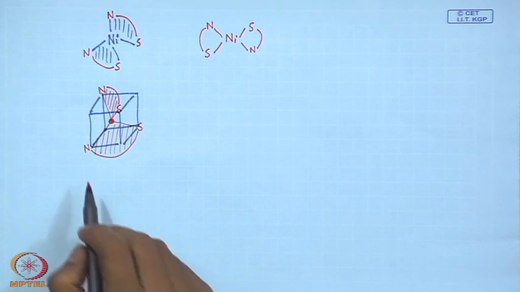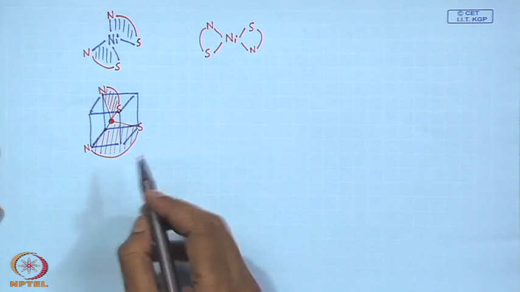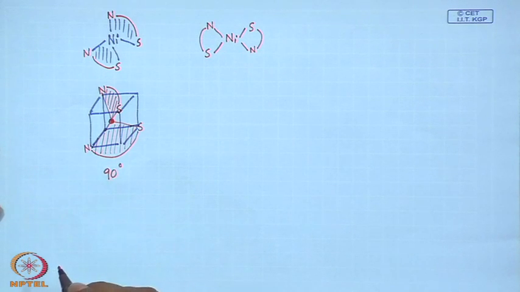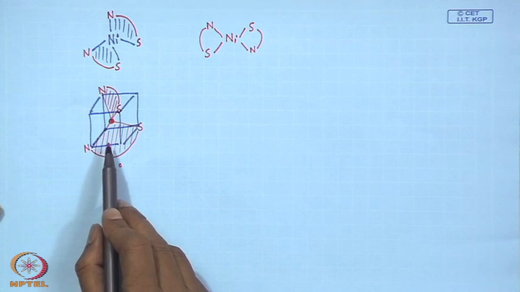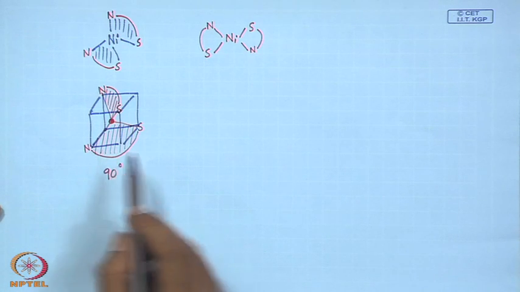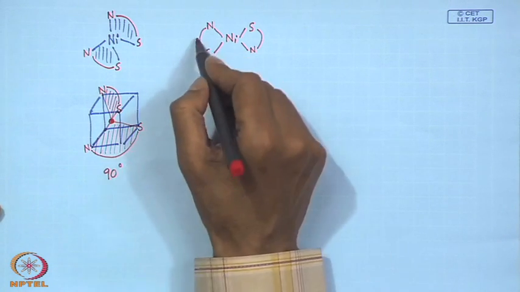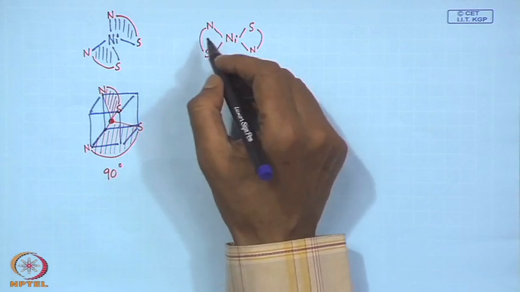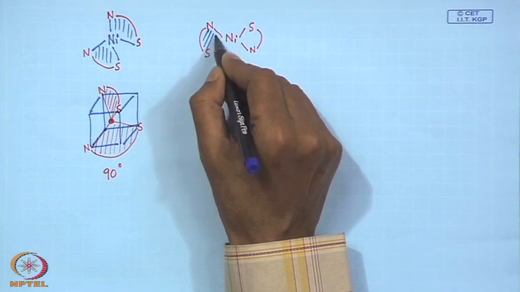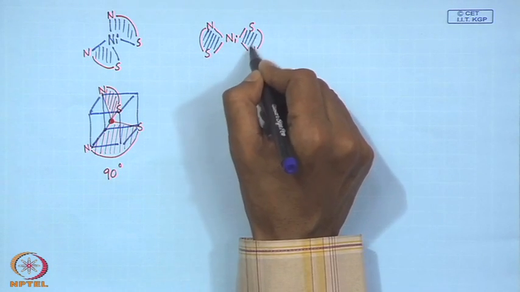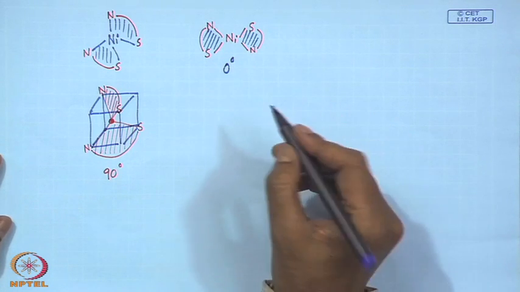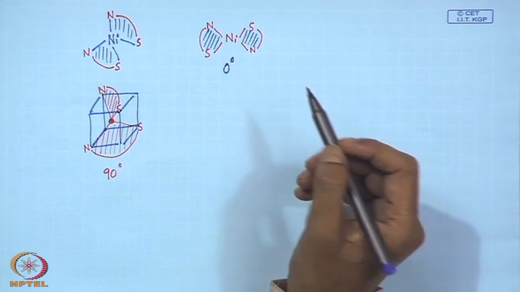So, if these two coordination planes are 90° to each other, then we get the tetrahedral geometry, and if these two nickel nitrogen sulfur planes are coplanar, it would be 0° and we have a square planar geometry.